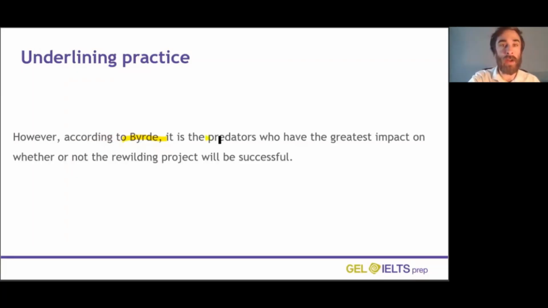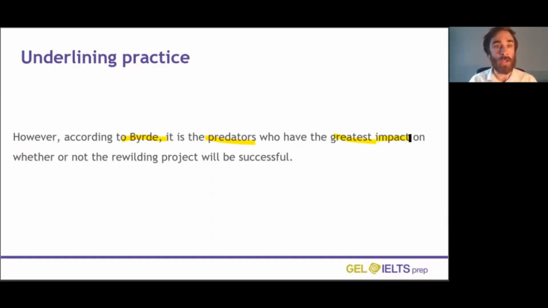Next, we have predators. This is a noun. It's essential to the meaning of the sentence. Then we have a superlative, the greatest. So if we're looking for a matching part of the text, we're going to be looking for something that agrees with the idea that predators are the number one impact or the number one effect.